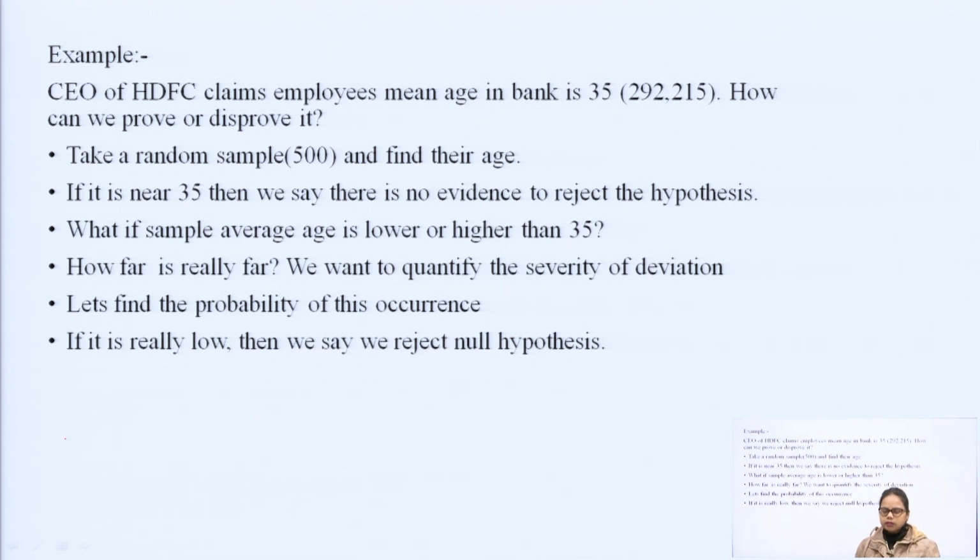HDFC Bank is a big bank with branches all over India, so we cannot calculate the age of 2 lakh people. It is easy in comparison to find the age of 500 people. So, this is a random sample.